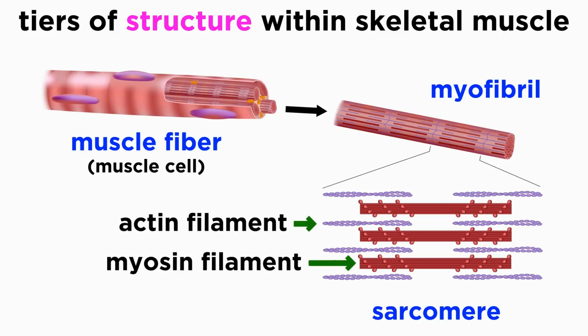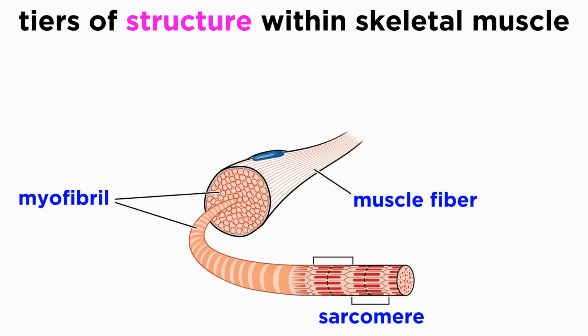The myofilaments within are of two types: thinner actin filaments and thicker myosin filaments, and the sliding of these filaments past one another is what produces contraction, which we will discuss in more detail later. So that's what a muscle fiber is made up of.